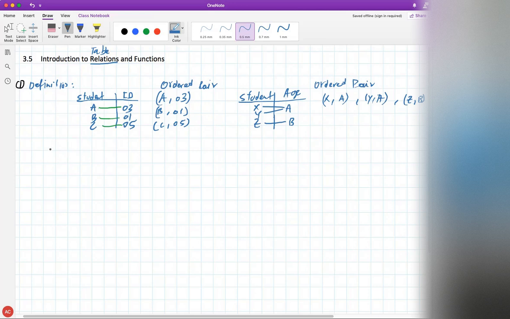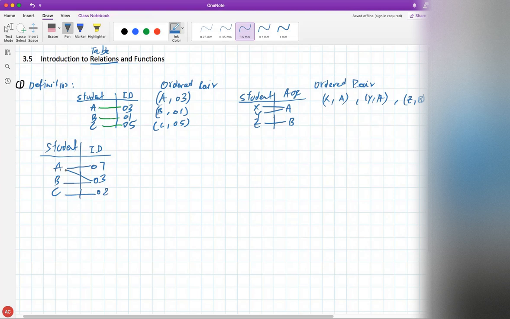For example, if we said, again, another table for students, A, B, C, and we said something like this, maybe another one here, this one would not be possible.